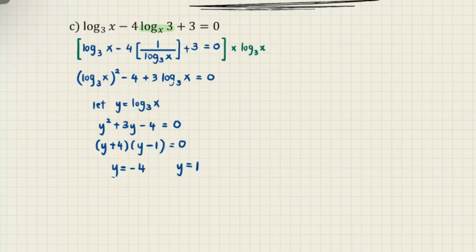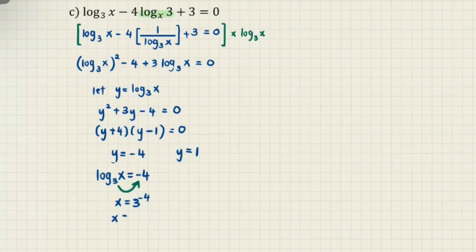Okay, so we substitute back, y will be equals to log with base 3x equals to negative 4. And then tadi kita gunakan konsep yang tendang tu, 3 tendang jadi base. So x will be equals to 3 to the power of negative 4. Ataupun nak buat dalam bentuk fractions, okay, kejap.